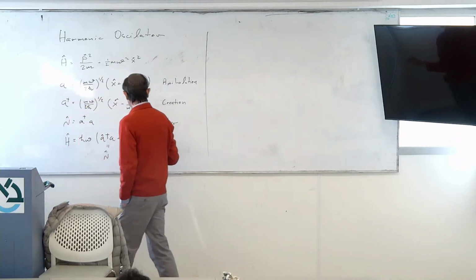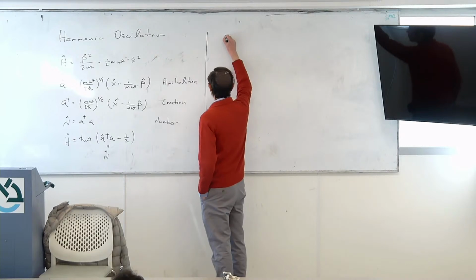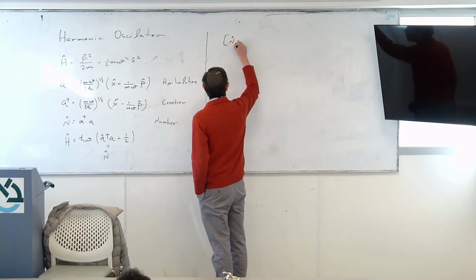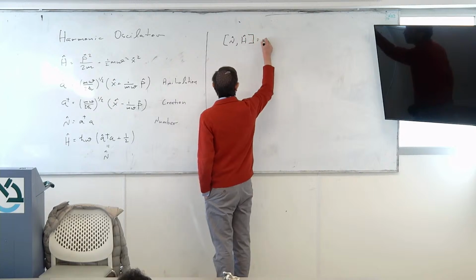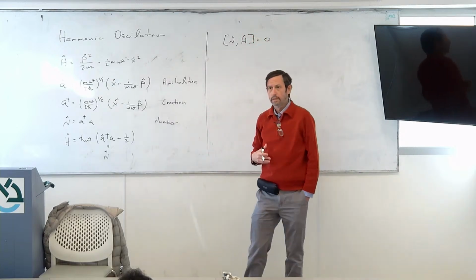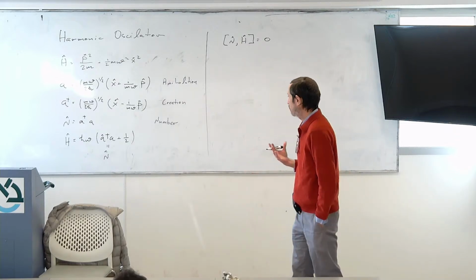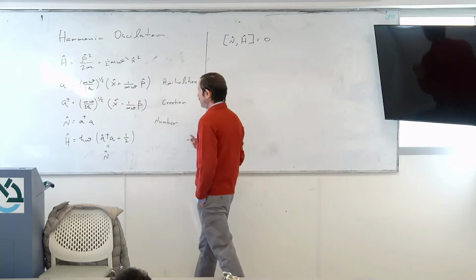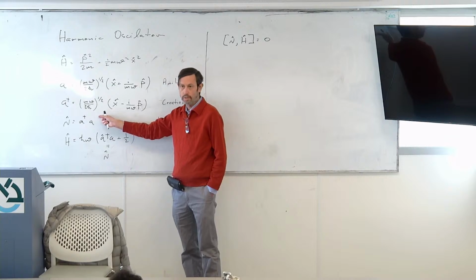One thing that is immediately clear here, it's almost trivial, but I'll write it down. H commutes with n. The Hamiltonian commutes with the number operator, meaning that if we know the eigenvectors of this guy, we will know the eigenvectors of the Hamiltonian.